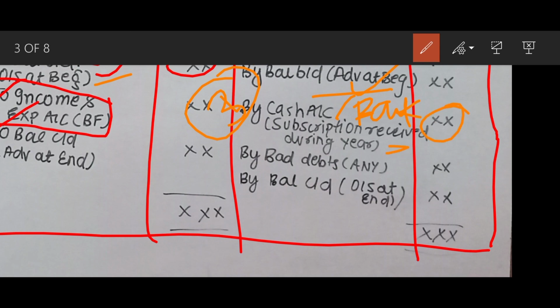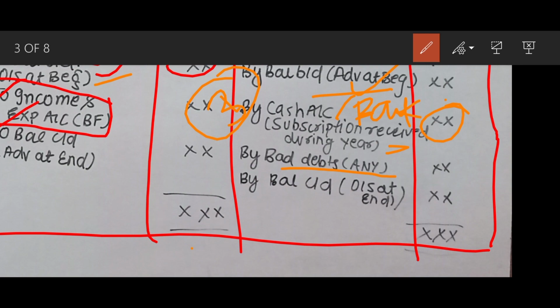It is the third step for you. Then the fourth step is bad debts: if any of the members has not paid, or actions have been initiated showing that they will not be able to pay their membership fee, then you have to consider the bad debts here, if any, right?